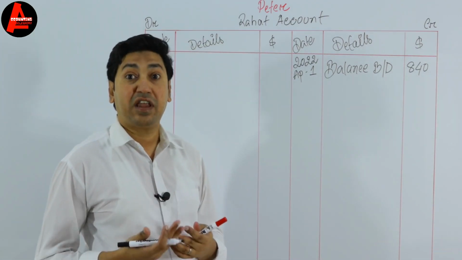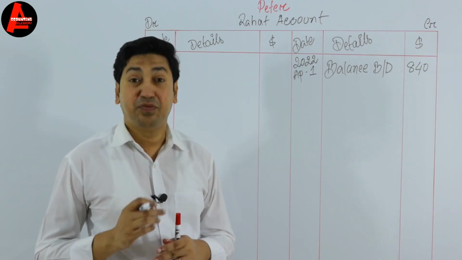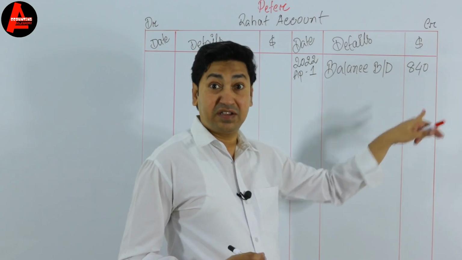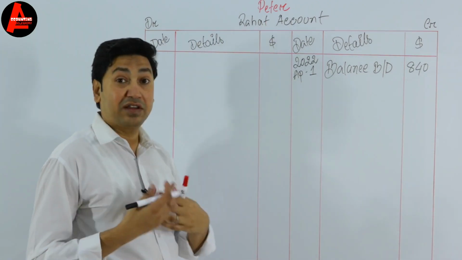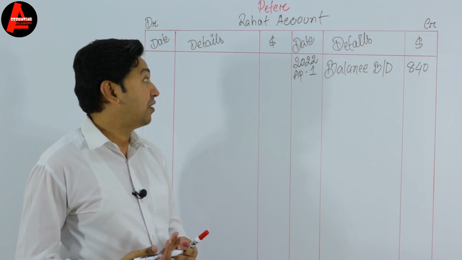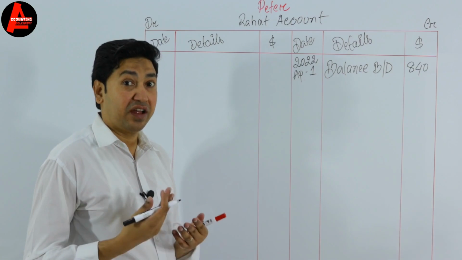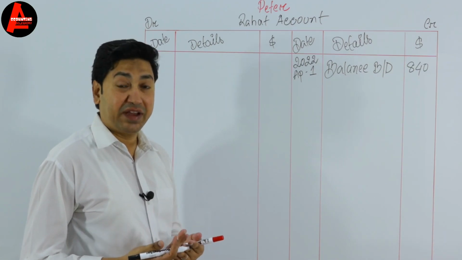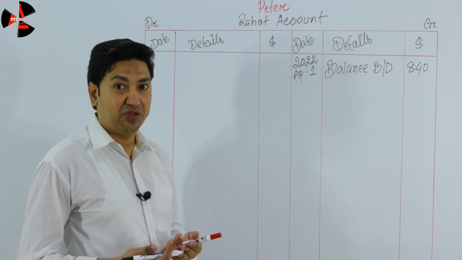Okay, so how much did we pay? We paid $798 in full settlement of this amount. That means Peter got a discount. Rahat received this amount. So the Rahat account is to be debited and we paid by check, so the bank account is to be credited.